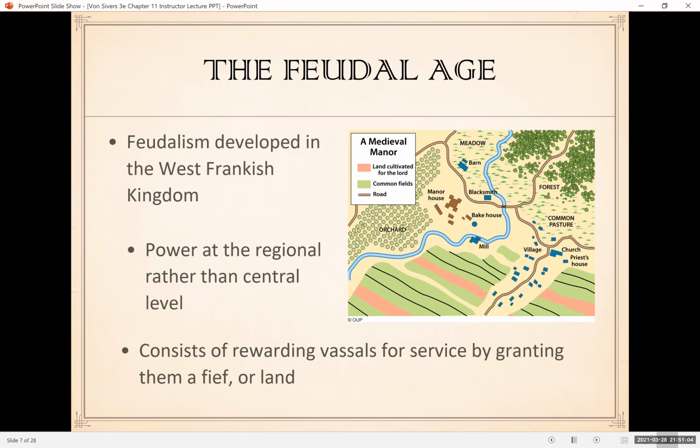And so this feudal system grows up around the lord of the manor, in which land is distributed in a particular way. And interestingly enough, labor is distributed in a particular way. Those people who work the land, we'll call them peasants, they will not own the land. That land is owned by the lord of the manor.